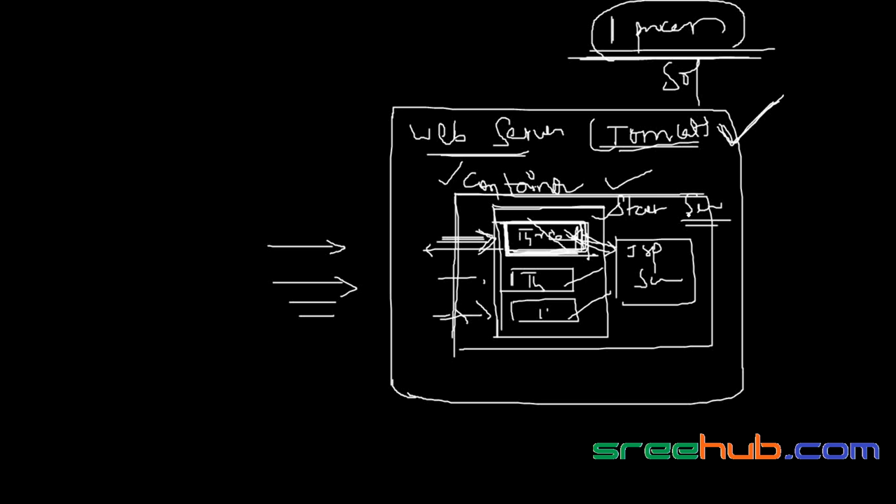When we come to servlets, we may be getting more flavors on this. So this is how it works: a separate thread is used for processing your request, and that is why you give it back.